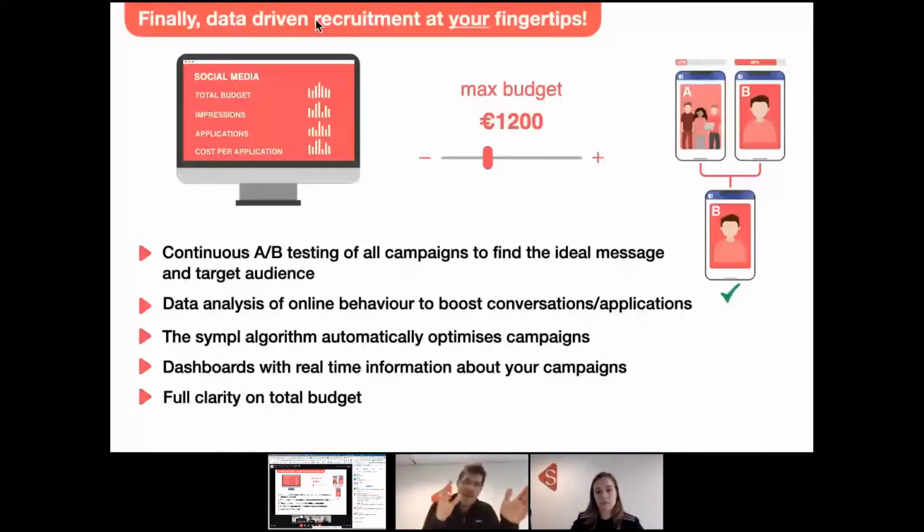Because sometimes you can have a couple of impressions, you can have low click-through, but you can have a good application rate for people actually applying on your vacancy. In that case, that's a very good ad. That's an ad which normally, because of a low click-through, would have been shut down by the Facebook system.